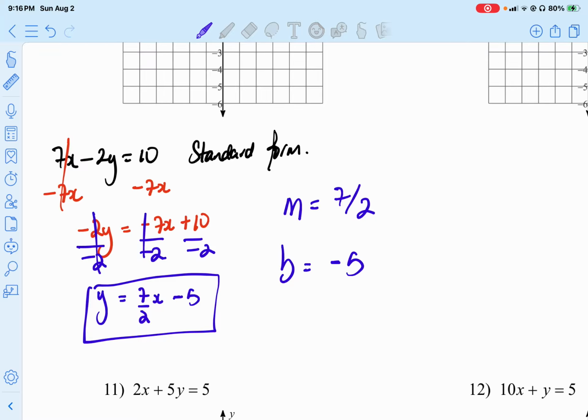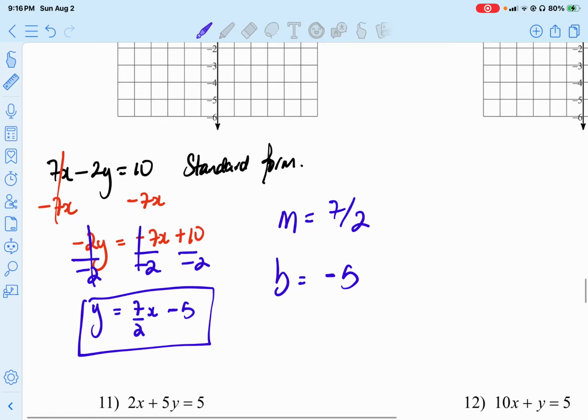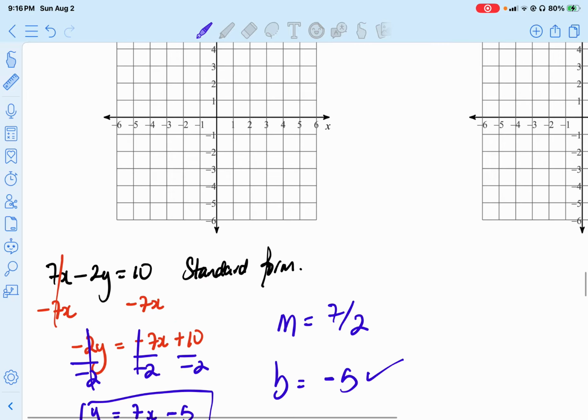What do we do after that? Well, as we spoke about, we put our y-intercept on the y-axis, remember, and now we're going to use rise over run. The rise is going to be up 7, and the run is going to be right 2.